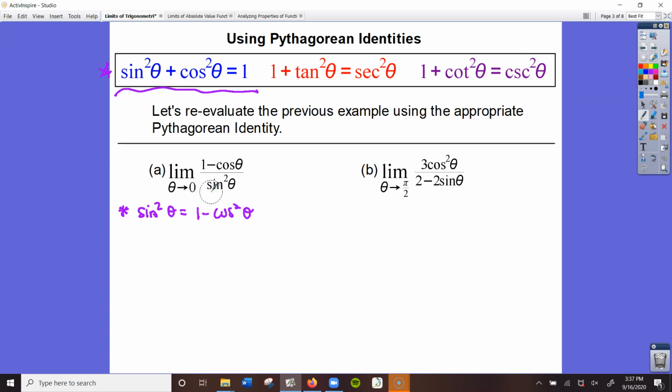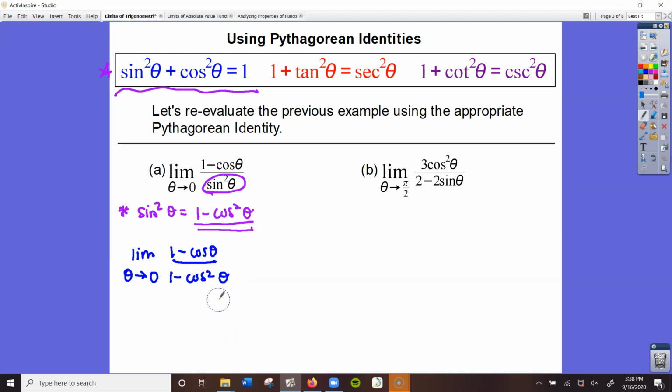So I'm going to take this sine squared and replace it with 1 minus cosine squared. So I'm going to rewrite my limit as the limit as theta is approaching 0 of 1 minus cosine theta over 1 minus cosine squared theta.